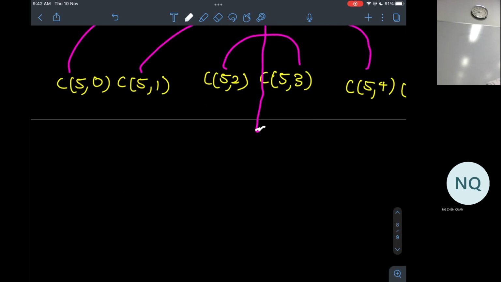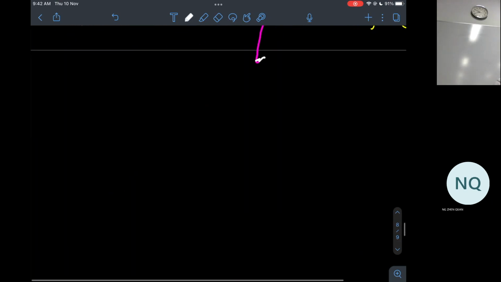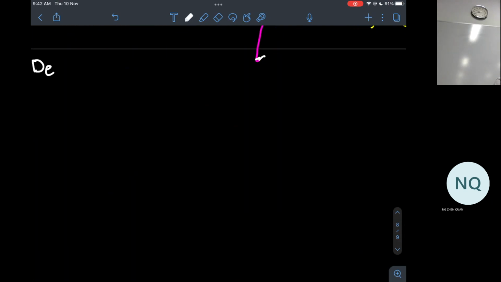Okay, next, this number here has another appearance, which we call the binomial coefficient. Sometimes we will write n choose r, which is C(n,r).